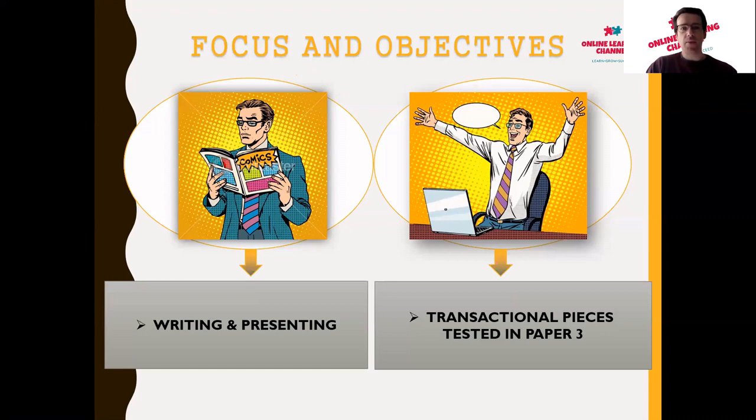Today we're going to go through a couple of examples of what those transactional texts may look like, what kind of examples you may come across, and ideally, what would be the best approach from your side as the students in terms of choosing what particular transactional text suits your needs best.